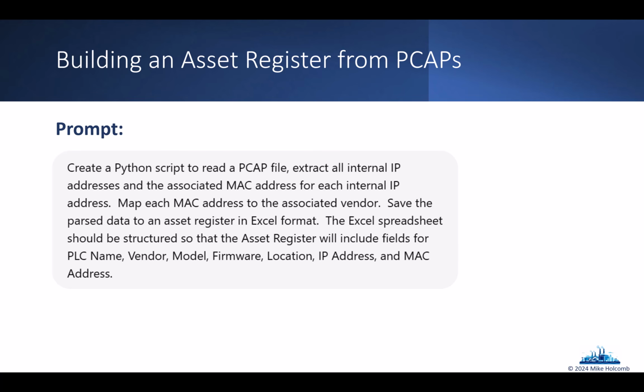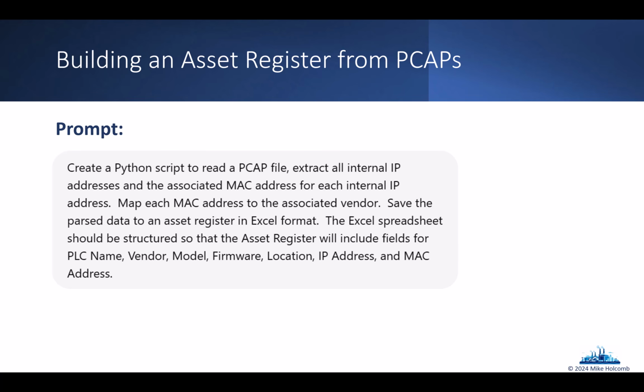Take that and go through it, find all the IP addresses of the assets that are communicating, take the MAC addresses for those IP addresses, and then map those out to the appropriate vendor, because you can take the first half of a MAC address and look it up in an IEEE MAC database. I like the version that the Wireshark team makes available on their website. And tell me who the vendor is.